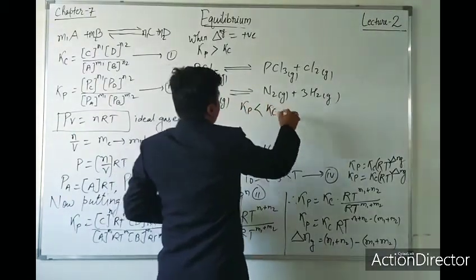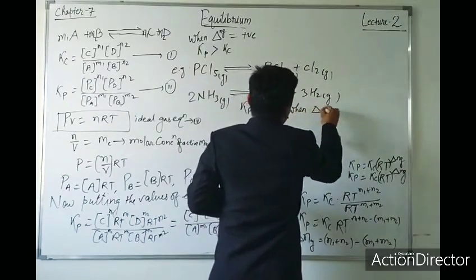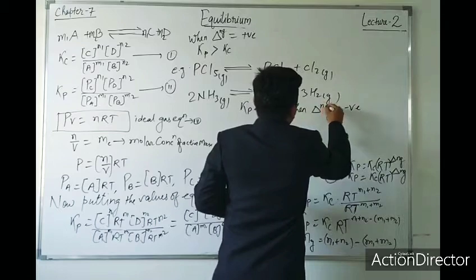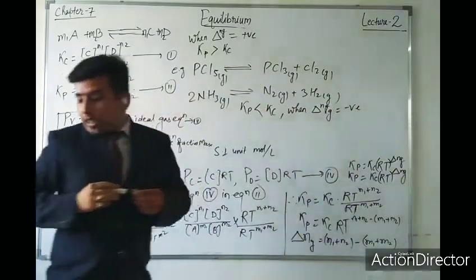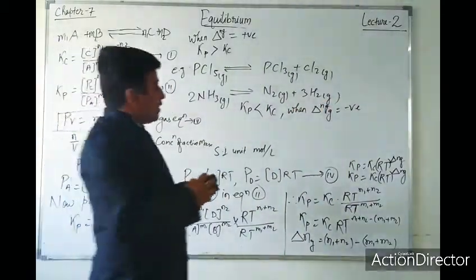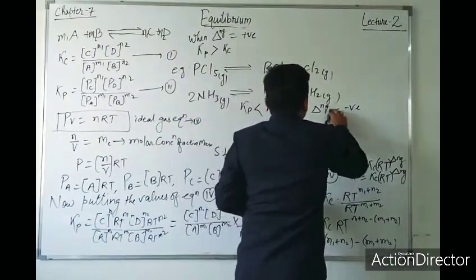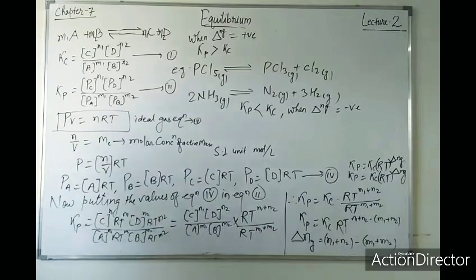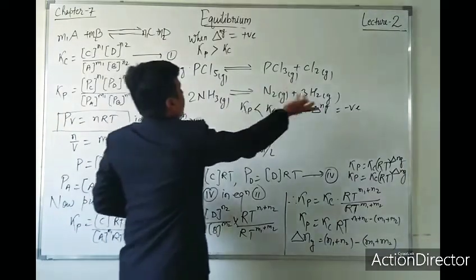Means when delta Ng is negative. Can you tell me what will be the terms of this delta Ng when negative? When delta Ng is negative, just reverse the reaction. No need to do anything else.